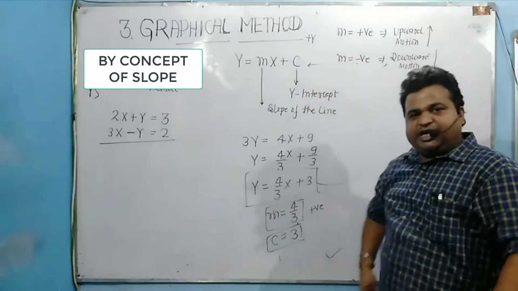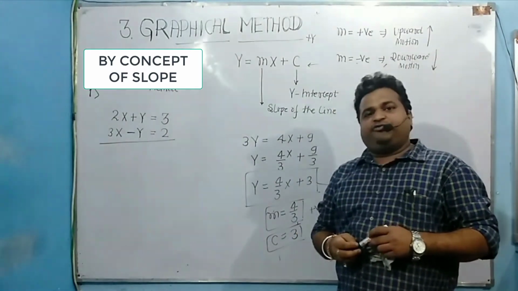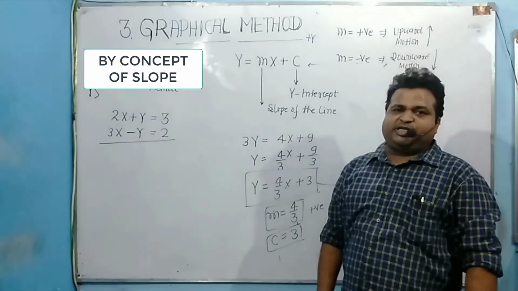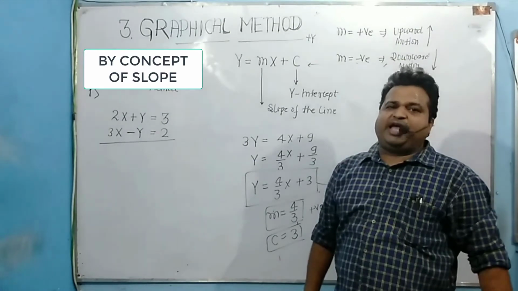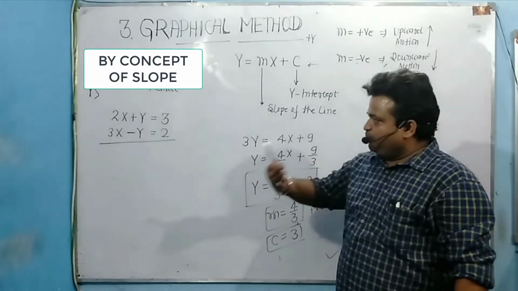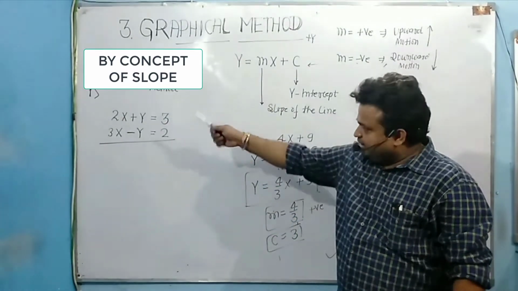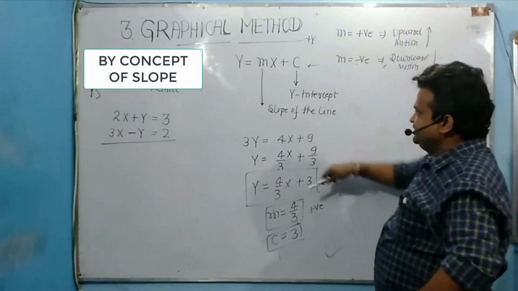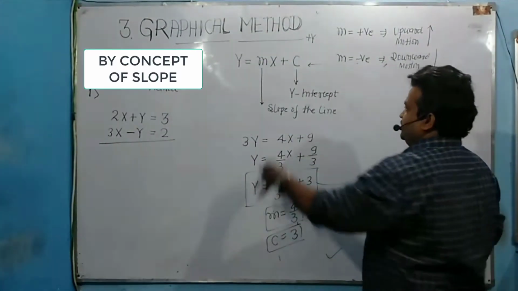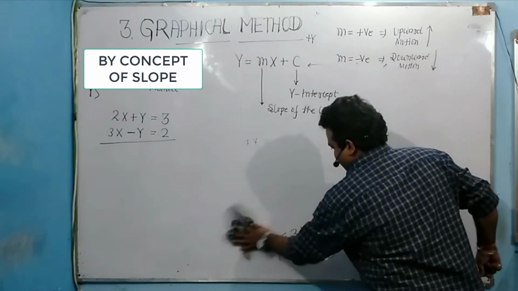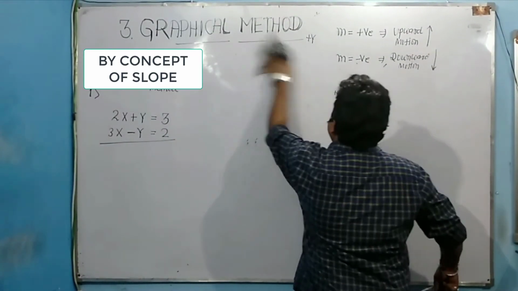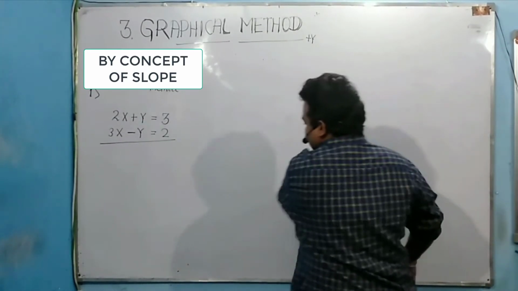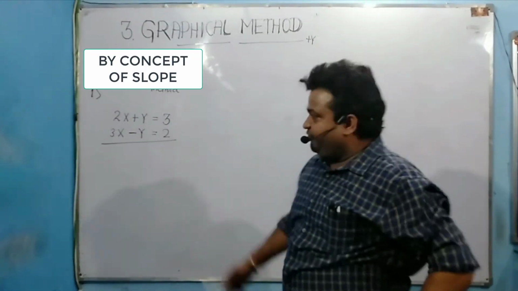So if any equation comes, first you convert it into a straight line equation, then compare with y equal to mx plus c, find out the values of m and c, and then proceed and find the solution by the slope method. So this is the introduction, the basics of the slope method.